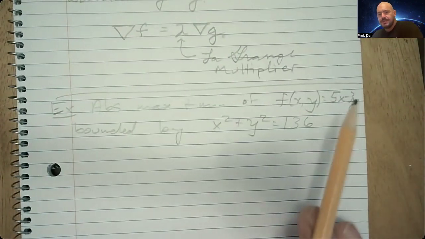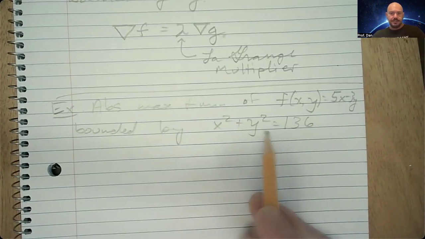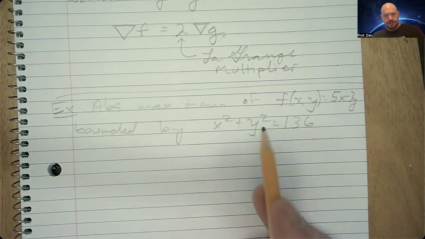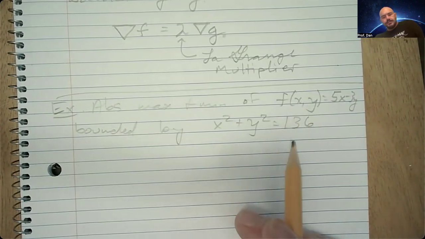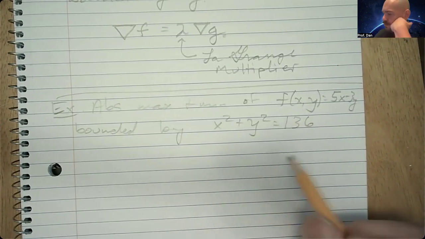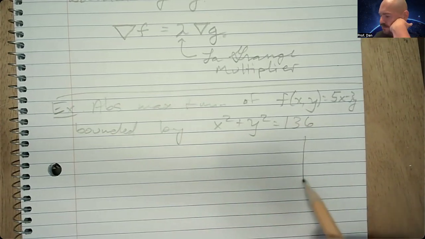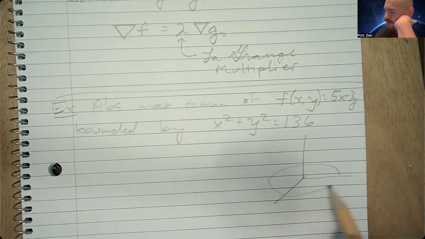So basically we have this three-dimensional surface. The bound is actually going to be a cylinder, right? Well, no, a circle. Yep, so we're in two variables, not three. So our floor area, we would basically be drawing a circle.